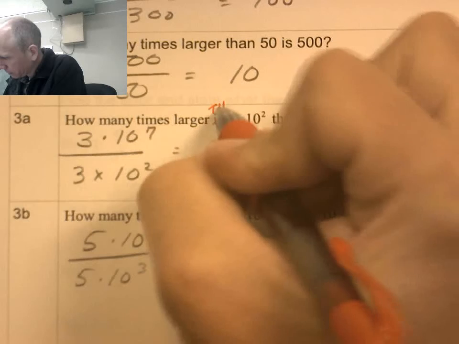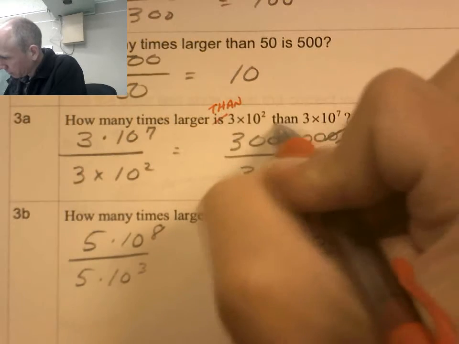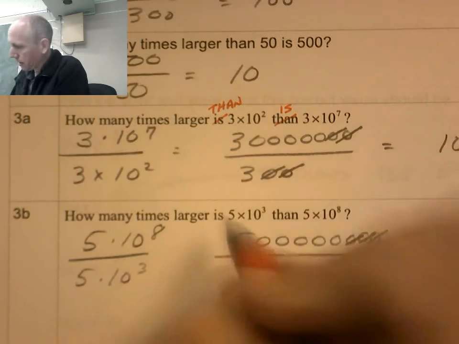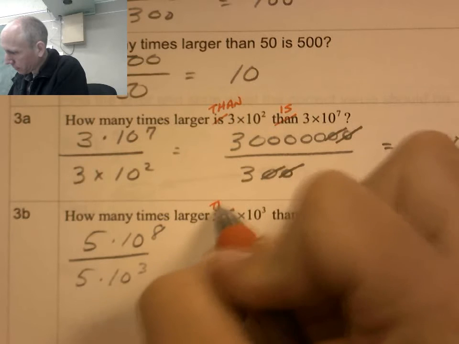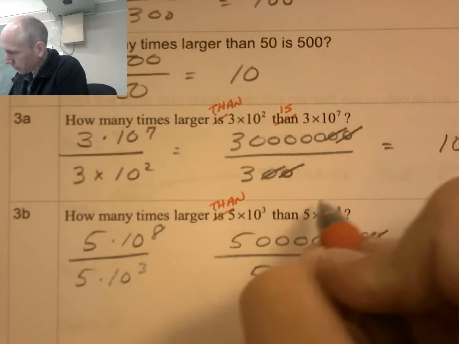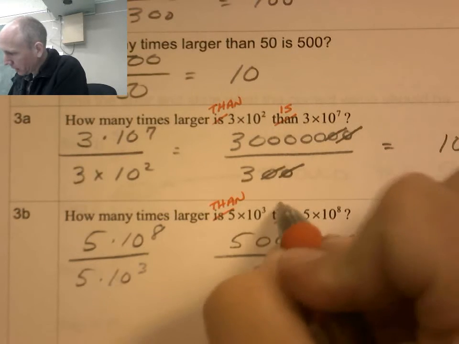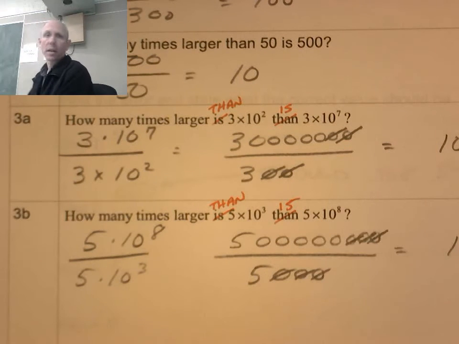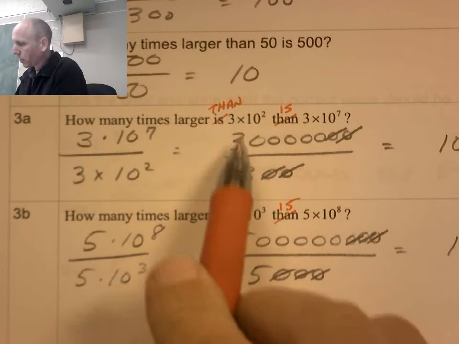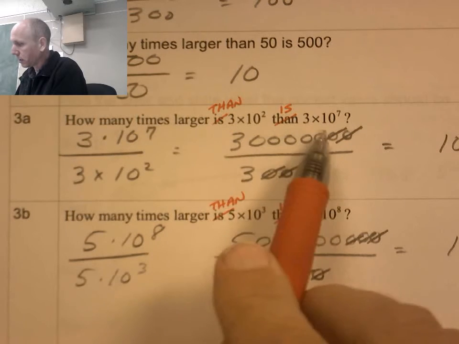I have to correct my phrasing: how many times larger than 3 times 10 to the second is that?